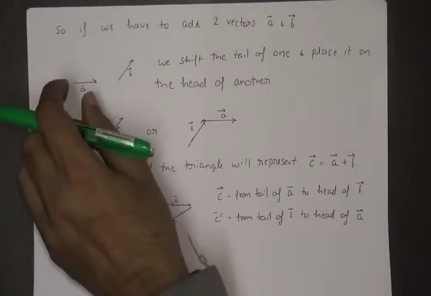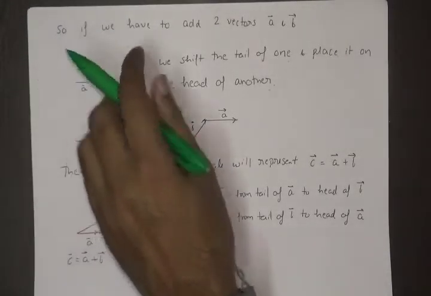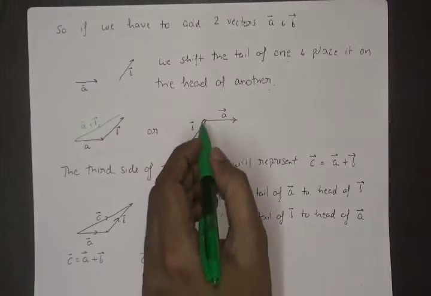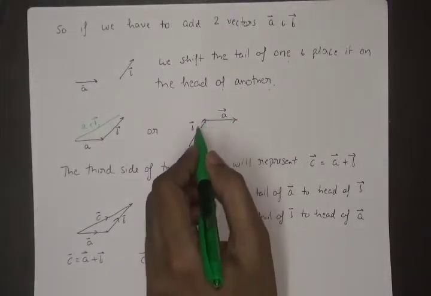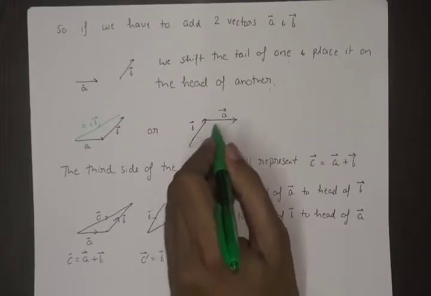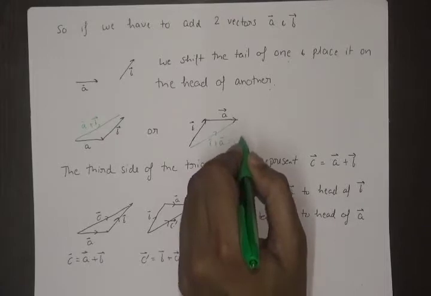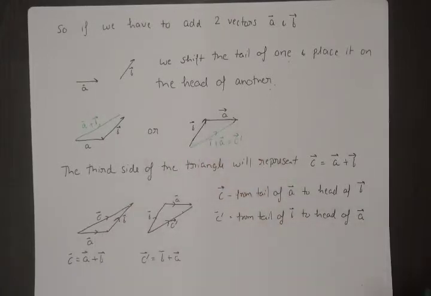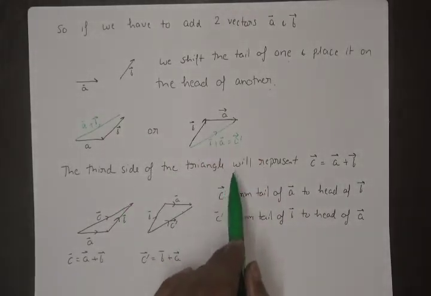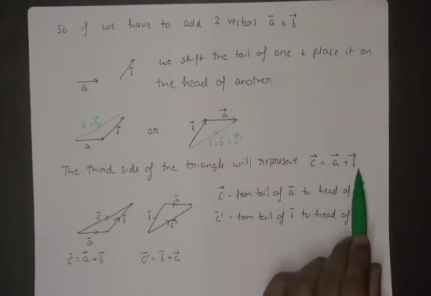We could have also taken the tail of A and kept on the head of B, as we have done here. The tail of A is kept on the head of B, and this vector, the third side of the triangle, will represent B vector plus A vector, let us say, is equal to C dash vector. The third side of the triangle will represent C vector is equal to A vector plus B vector.